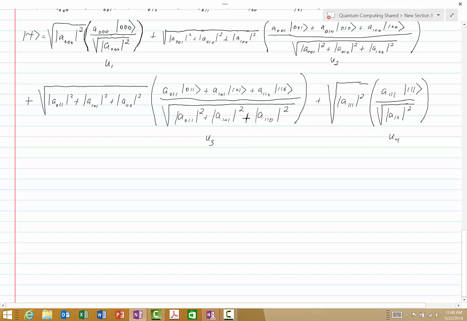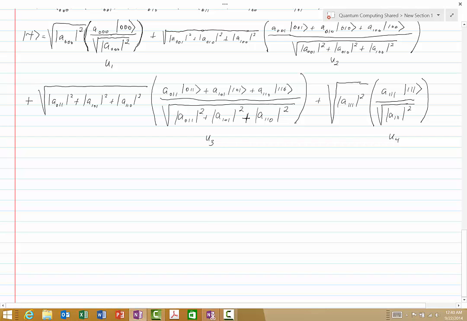So we look at those terms in C, and then we divide by the square root of the sum of the square magnitudes of those coefficients. And then, since we've divided by that, we must also multiply by that. And of course, we've done the same for the S2 terms.